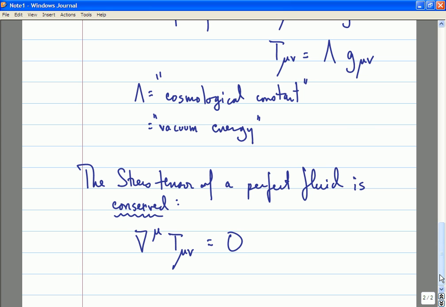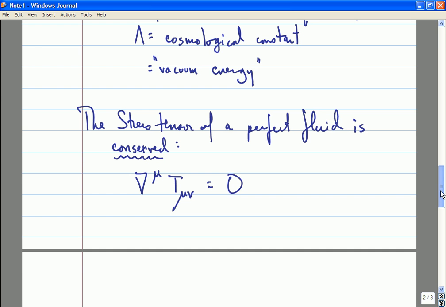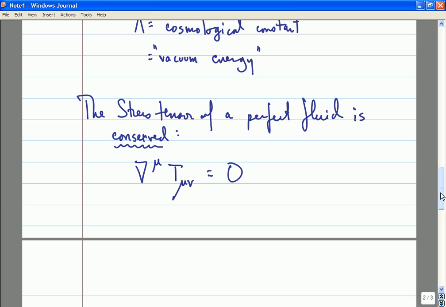So I think it's instructive to work out a few specific instances of this equation in flat space, and just check that this gives you the usual conservation laws that you're probably already familiar with for a fluid. So this equation gives what we think of as the usual equations of motion of a fluid.